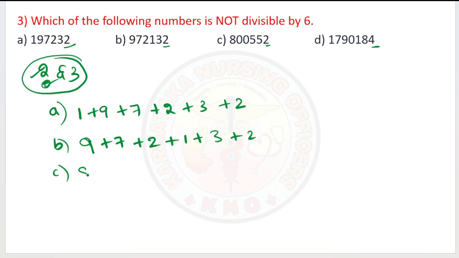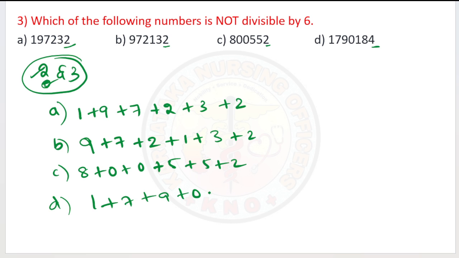Option C: 8 plus 0 plus 0 plus 5 plus 5 plus 2. Option D: 1 plus 7 plus 9 plus 0 plus 1 plus 8 plus 4. So let's do the sum of the digits of all numbers to check which number is not divisible by 6.